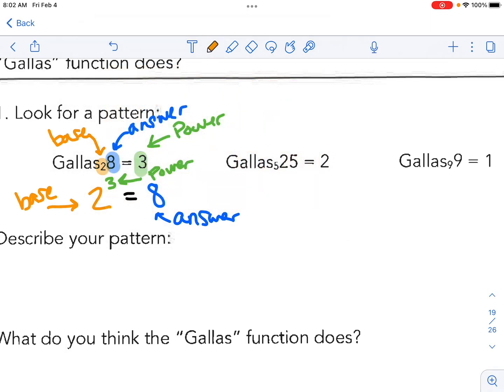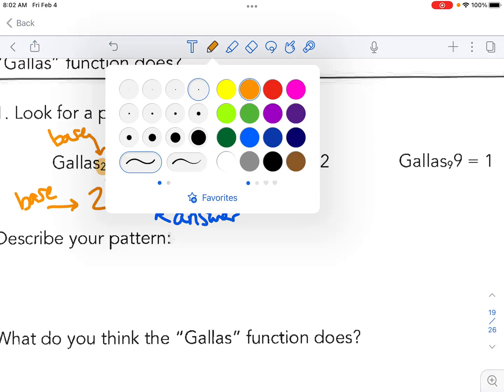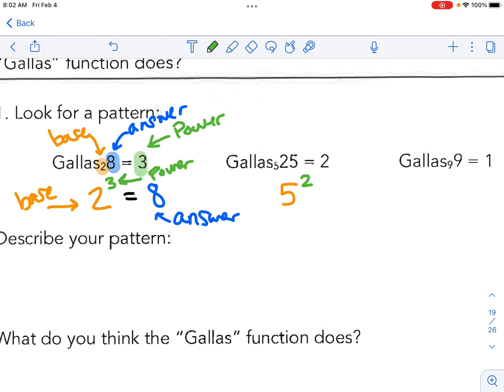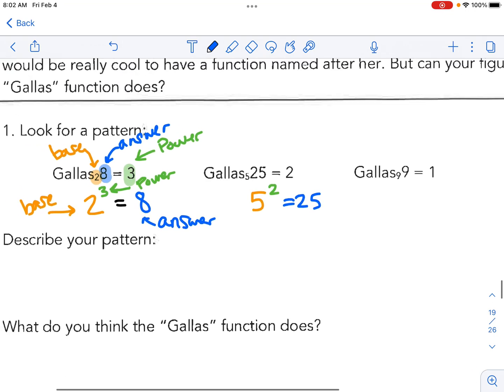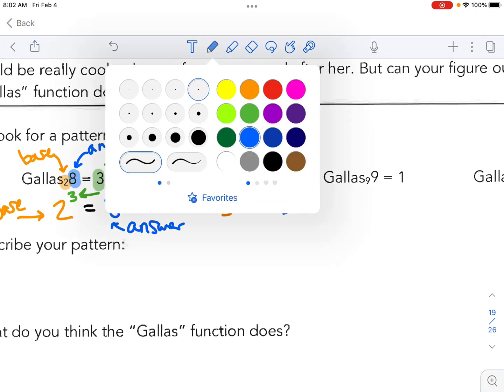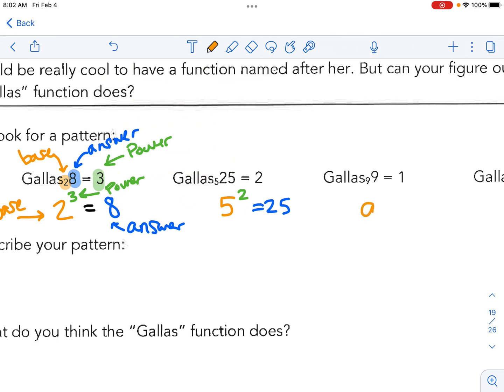Let's see if this holds true in the next one. The base is 5, the power is 2, and the answer to that exponential is 25. So that pattern seems to work. Let's take a look at the next one.